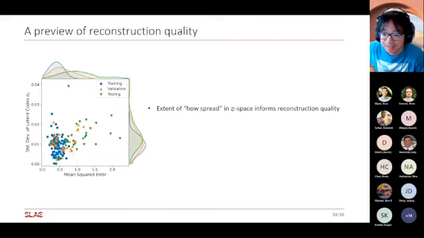Anyway, we think this could be a useful indicator for things like, do I need to keep collecting more data?